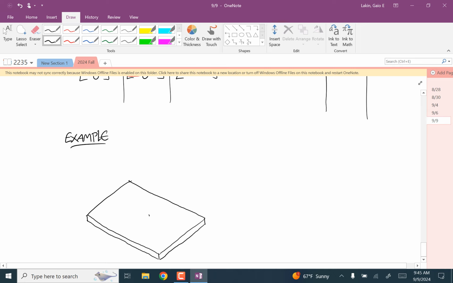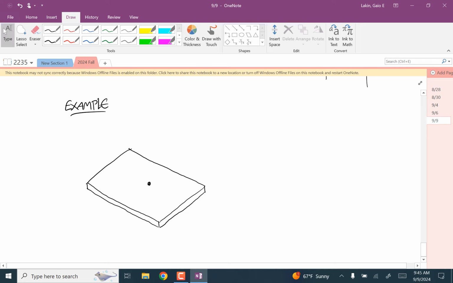Let's say that the dimensions are: this length is 2 meters, and this length is also 2 meters. Doesn't look like it, but.